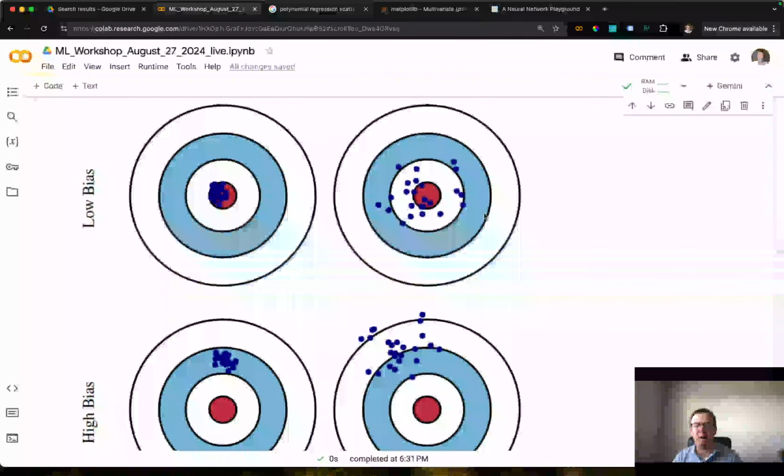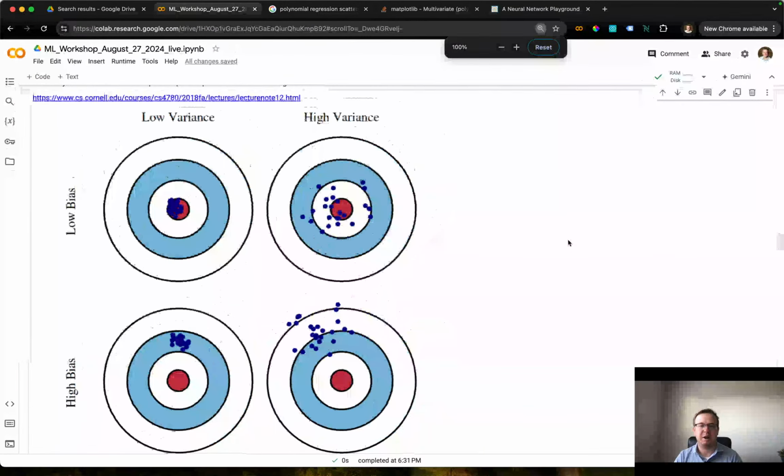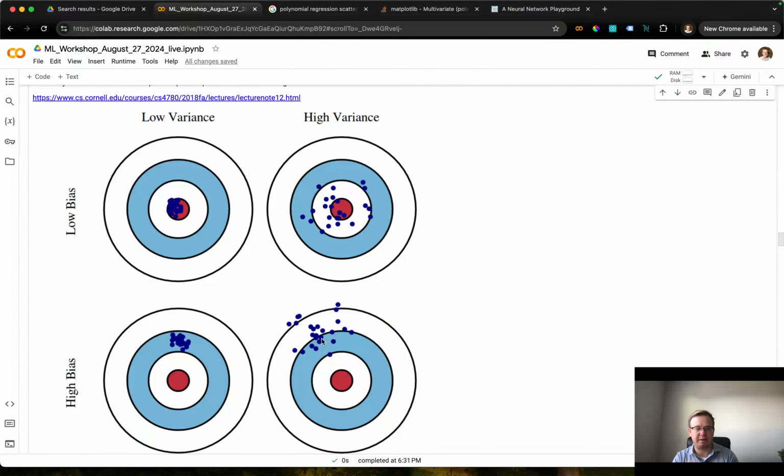So another way we can visualize bias and variance, right? A model that is biased just misses the mark. So on both of these targets, the model's predictions are these bullet points shooting at the target. Biased is just off center. You're not centered on the truth. Okay. Being high variance, these two models' predictions are spread out. They're not concentrated, right?